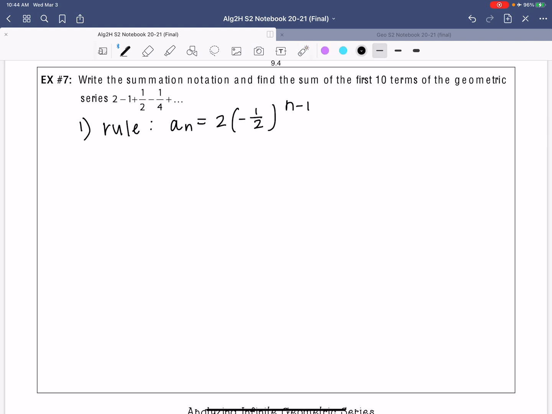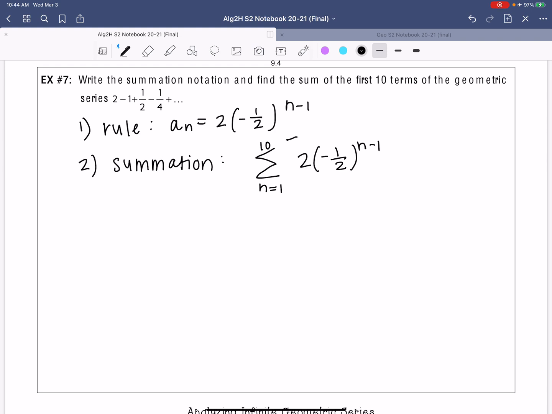Okay, for step 2, you should have done your summation notation. You should have had your sigma, started at n equals 1, and we're doing the first 10 terms, so from 1 to 10. Then we write our rule, 2 times negative 1/2 to the n minus 1 power.